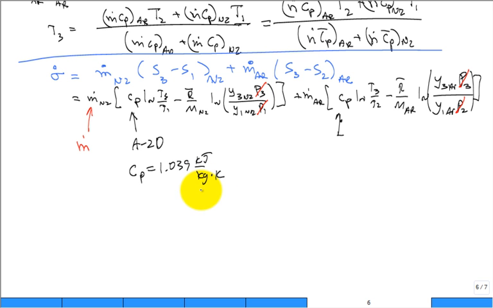Hey, that's a great table. A20 has air in it. It has nitrogen in it, has oxygen in it, has carbon dioxide in it, has carbon monoxide in it. It has hydrogen in it. Does it have argon in it? Oh, too bad, right? So we look for another table or something.